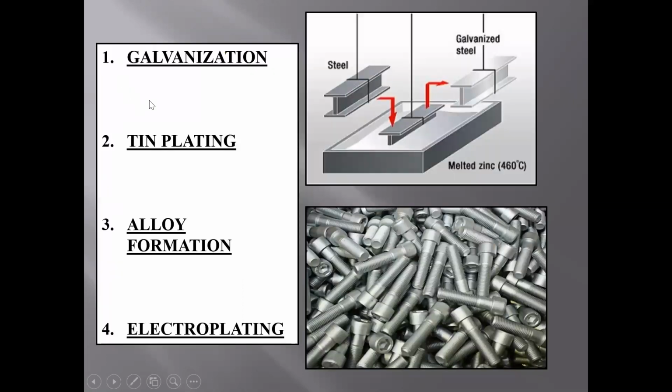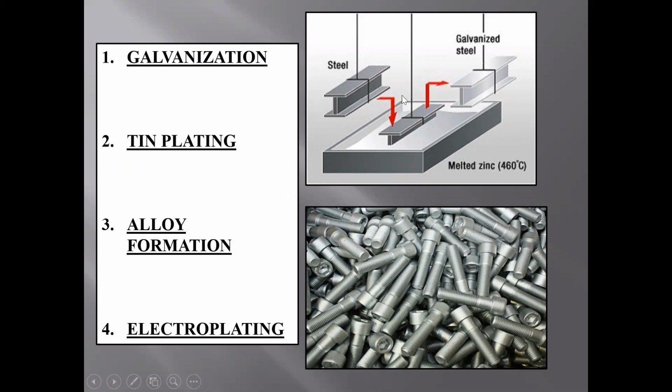Apart from this, there are other techniques like galvanization. Now what is galvanization? It is simply a process by which iron articles are dipped in molten zinc. Okay, like over here you can see steel.